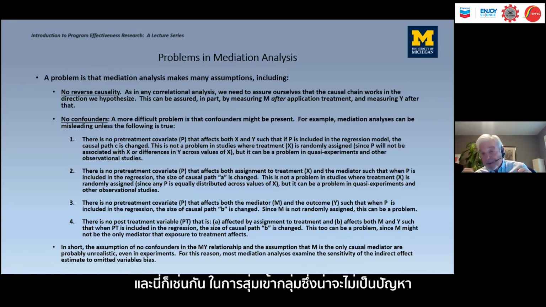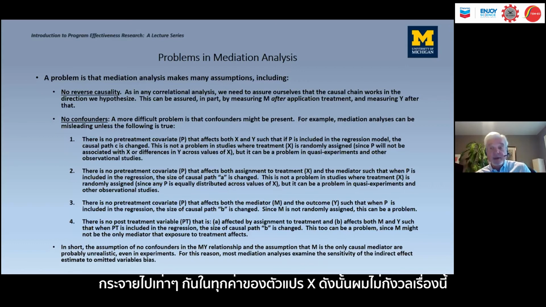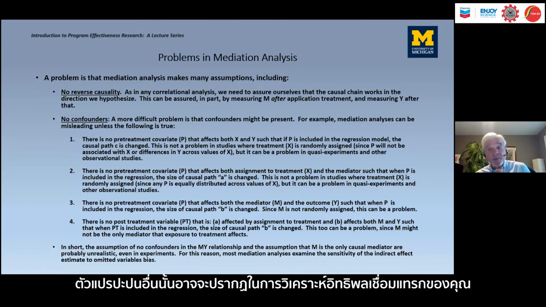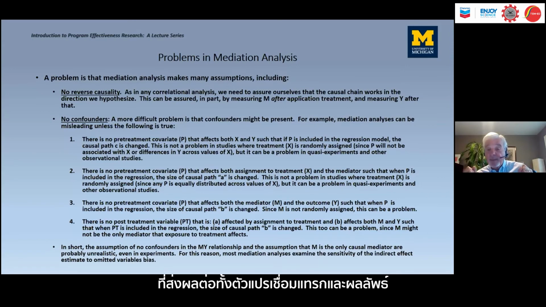And again, in random assignment, that's probably not a problem because, if the treatment is randomly assigned, then any P is equally distributed across values of X. So I'm not worried about it. But if it's a quasi-experiment, again, or other kind of observational study, that kind of confounding can be present in your mediation analysis.